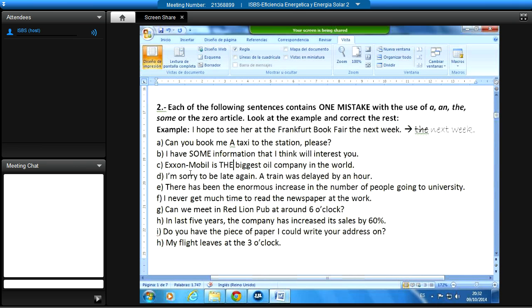Okay, I can't remember your name now. Maui. Okay, Maui. I'm sorry to be late again. I train with the light band an hour. An hour is correct. So what is the mistake? The train. It's like my train, the train I was traveling on.